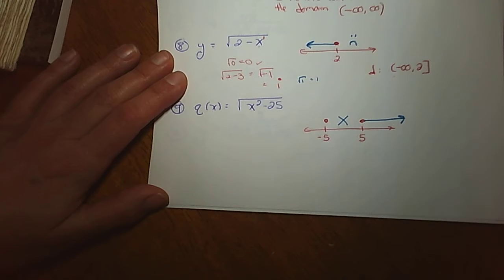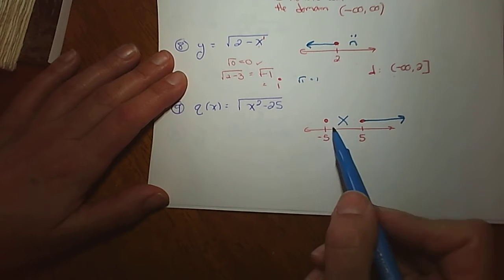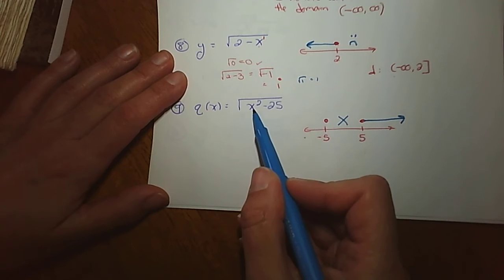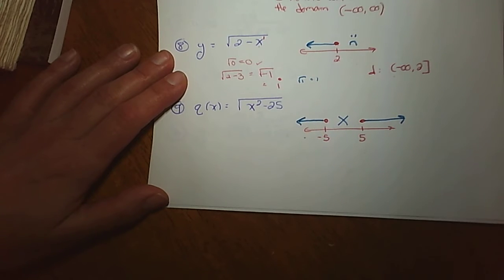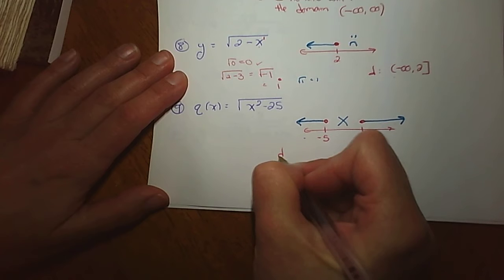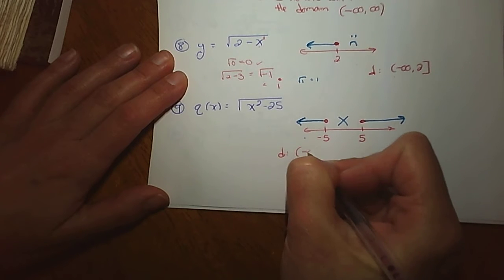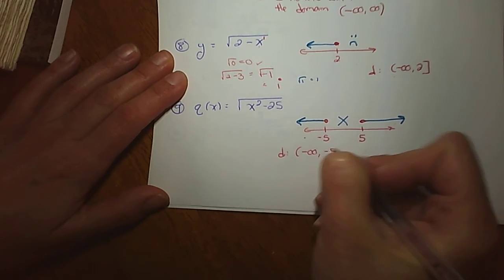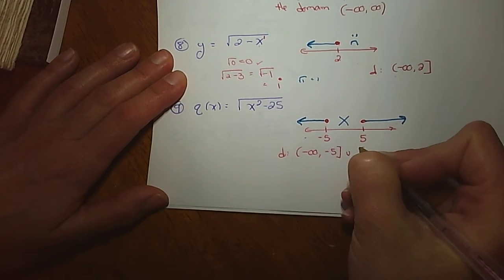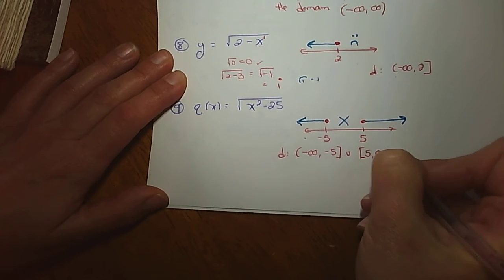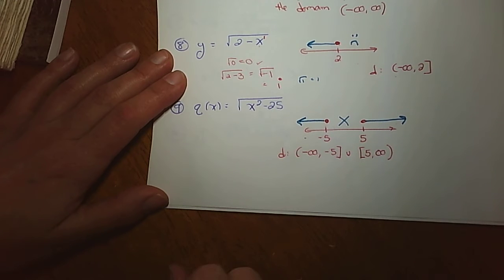We don't want negatives, so we're not going to go there. Now plug in -6. That makes 36 again, which will give us 11. All right, so my domain is the arrows. So the domain for this is going to be -infinity to -5 solid bracket, because it's a solid dot, or solid bracket 5 and up.